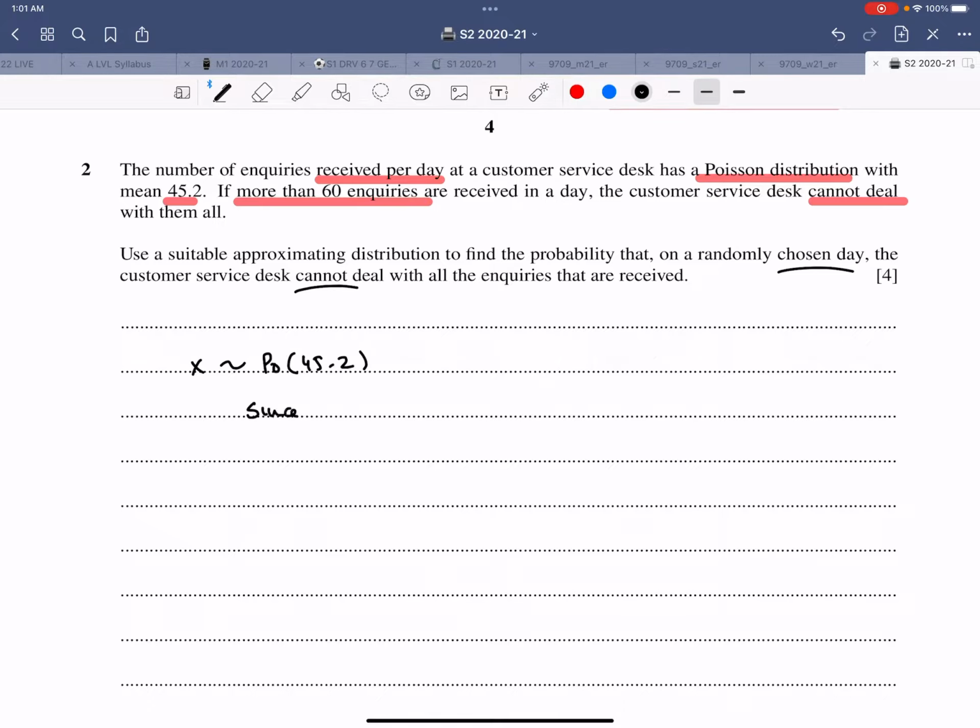Since lambda, the mean number of occurrences, is greater than 15, X now follows a normal distribution, as an approximation, with mean 45.2 and variance 45.2. Why? Because in a Poisson distribution, the expectation of X is lambda, and so is the variance of X.